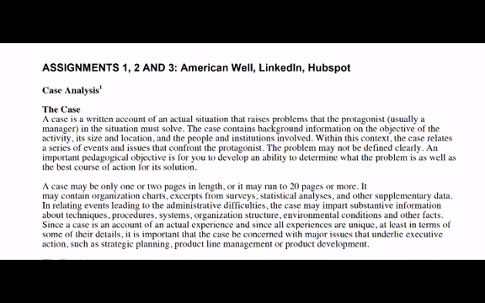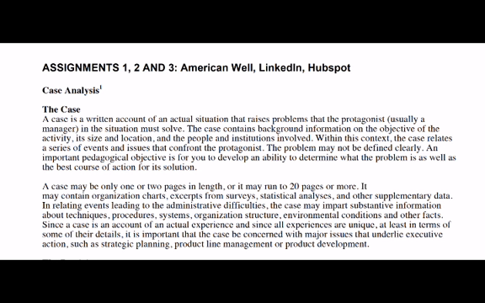So the first point, I'll make some points and then give you a chance to ask questions. A case story is about a company which may be real or it may be disguised. It turns out that all the three cases that you have in this course are real companies.